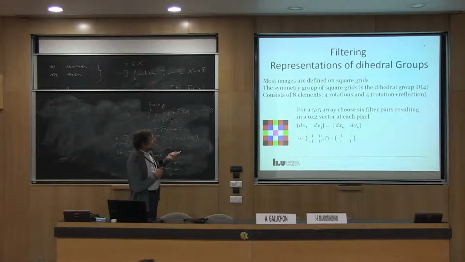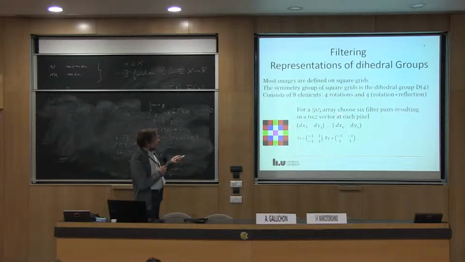So in the case where you look at 5 by 5 pixels here, then this theory tells you that you have to split up this 5 by 5 array into different so-called orbits that are linked by these transformations. And every color here represents one of these orbits.